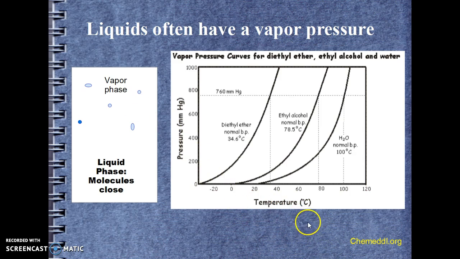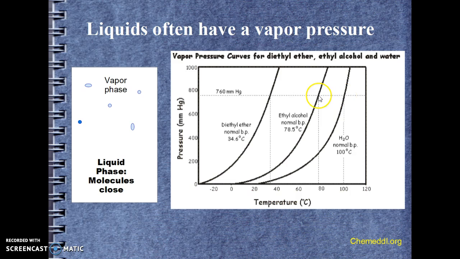Now, here is an illustration, a diagram graphing the vapor pressure of various liquids at temperatures ranging up to 120 degrees Celsius. And at 1 atmosphere outside pressure, it also gives us the boiling temperature, which we know is 100 degrees for water.